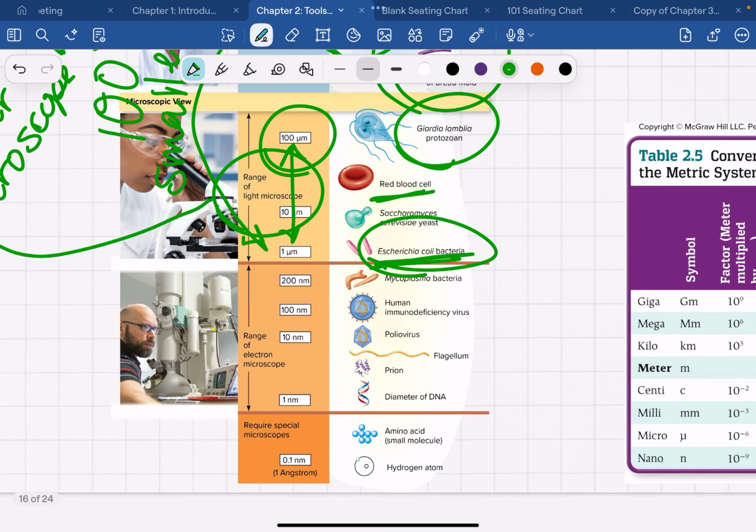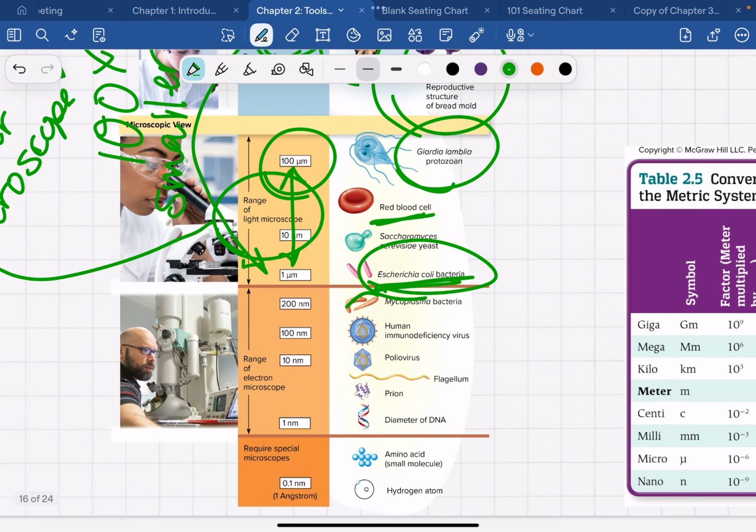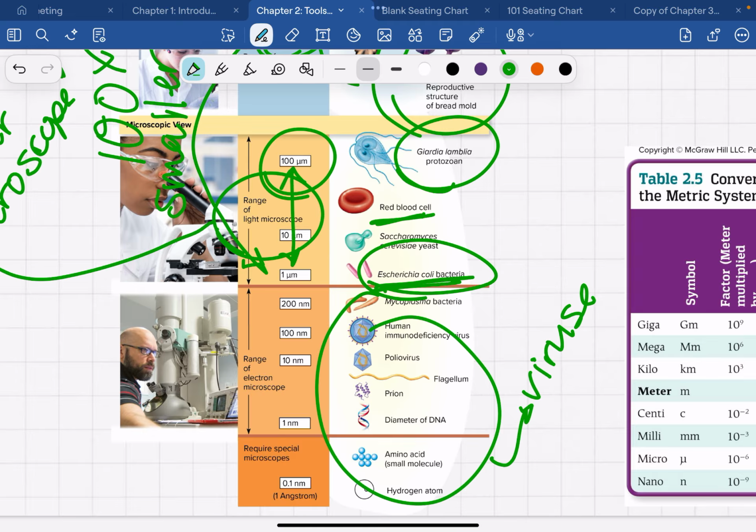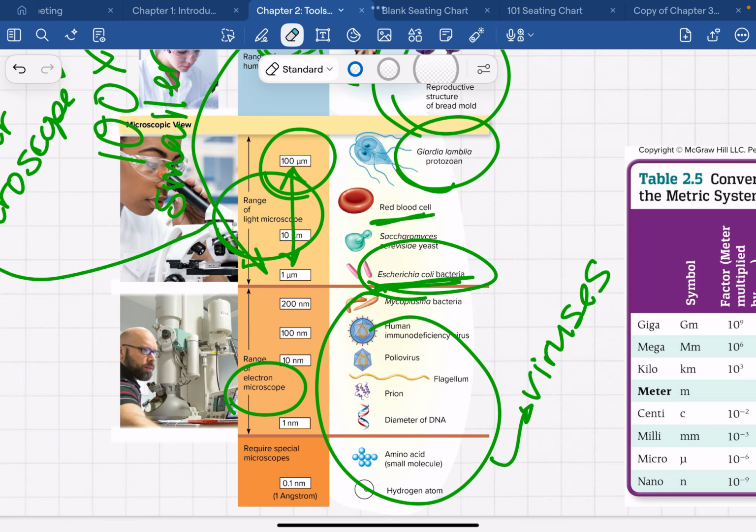Now, if you want to see something smaller than that, like most viruses, you actually need a special type of microscope called an electron microscope. You don't have to understand how they work, but it doesn't use actual visible light. It uses waves of electrons that are smaller than visible light. It has to do with wavelength and things bouncing off each other.